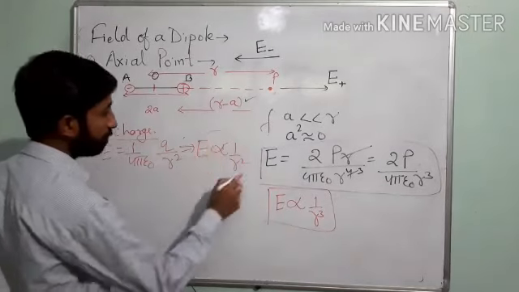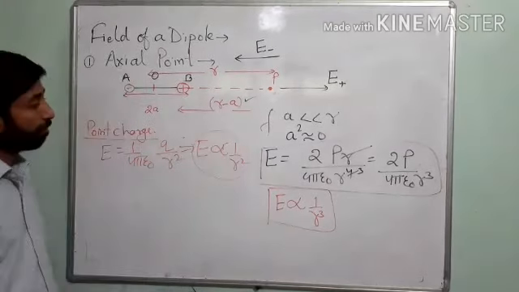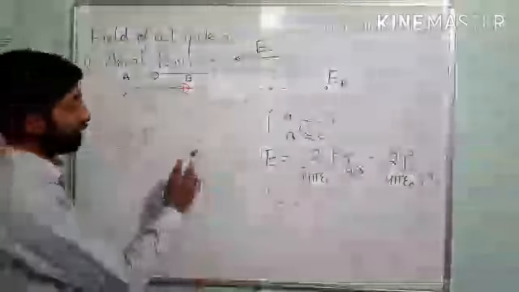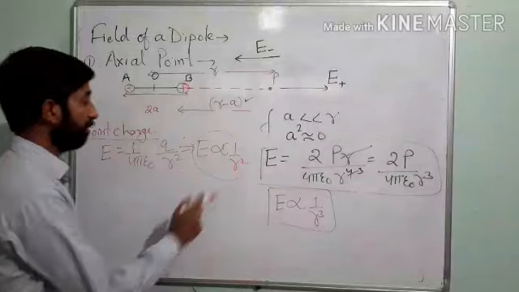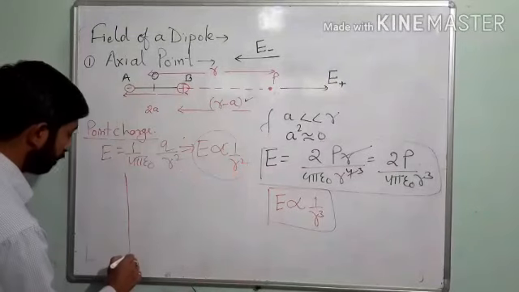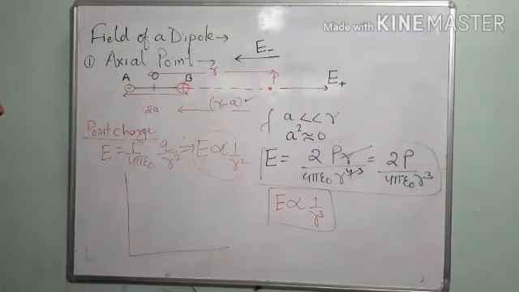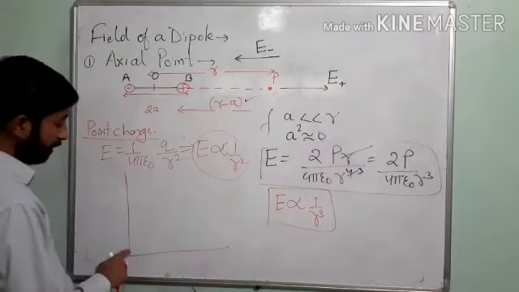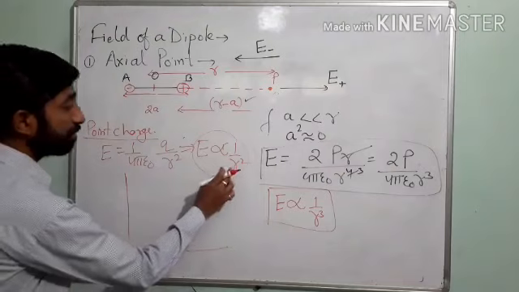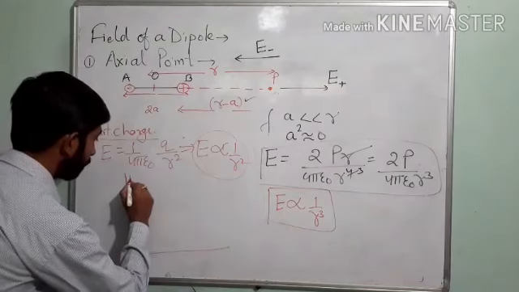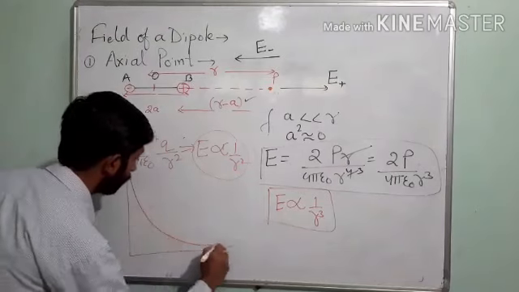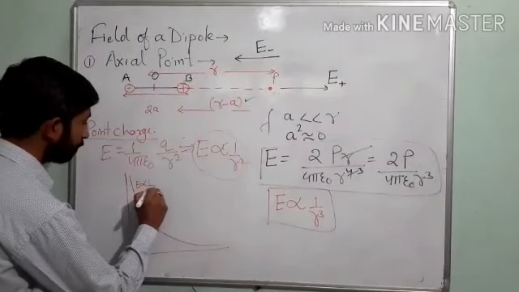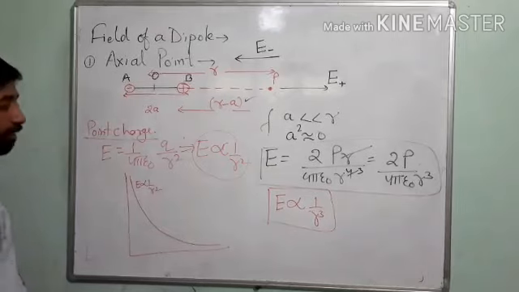Now we have two things to note down, that if we draw the graph, that is variation of electric field with respect to r. Remember, whose power is higher, that graph will be close to the origin. That is, this is of less power, so this goes this way, and this is E proportional to 1 upon r square. What for this?